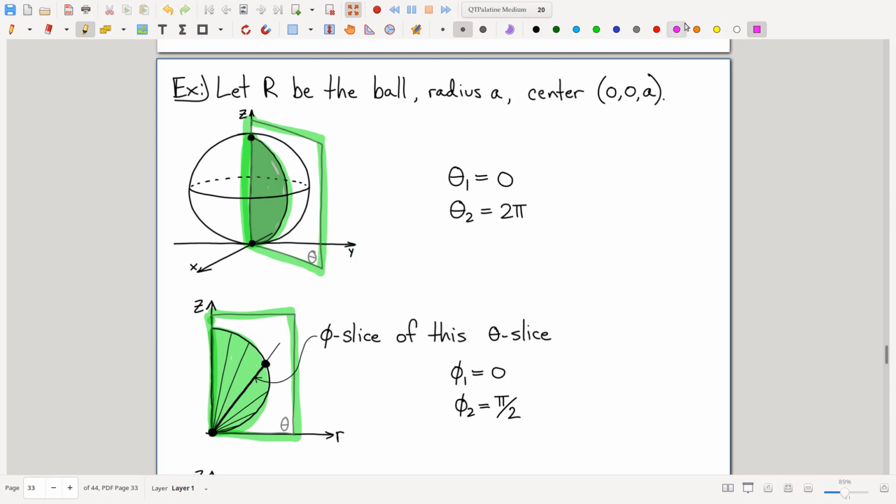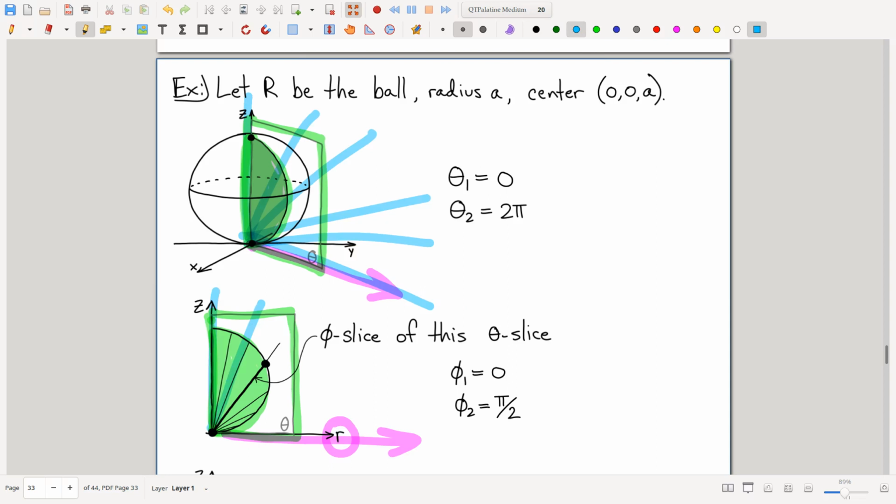And by the way, you can think of this, if you will, as being an R-axis. Not that you have to, but that's just to help you get your bearings. And now let's think about, what do our phi slices look like? Well, these phi slices that were a little hard to visualize there, those phi slices here are much easier to visualize.